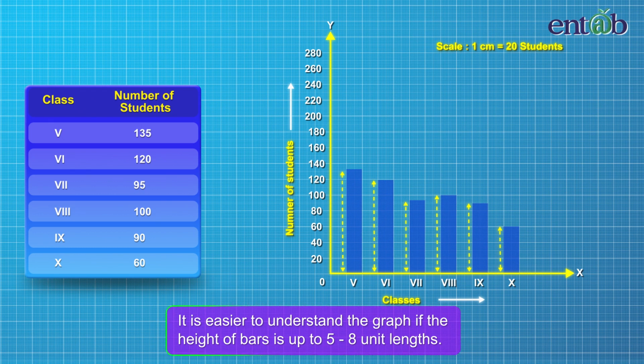So, in this question, 1 unit length equal to 20 is a better scale. I am sure you will be able to answer this question. You have learned how to draw a bar graph in the previous class already.